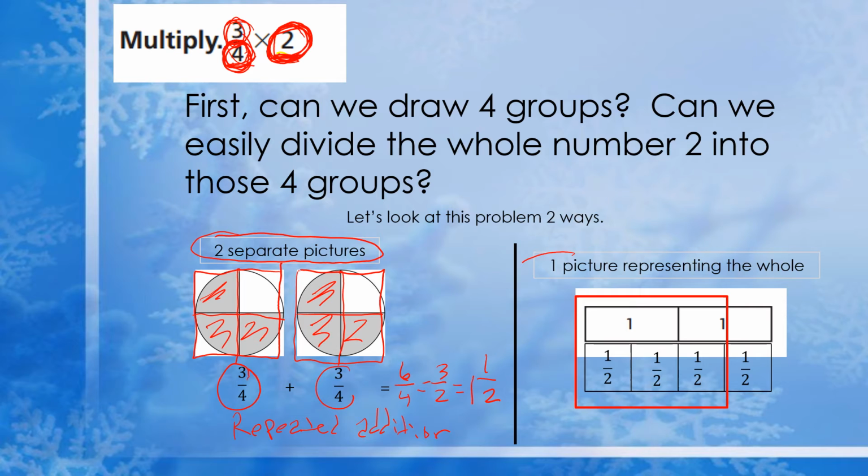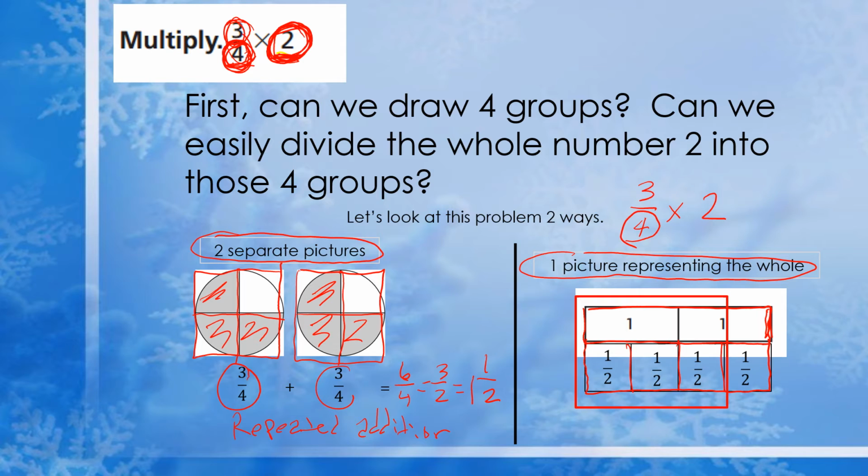So the second one is one picture representing the whole. And I'm going to rewrite the question over here so it's a little cleaner. So notice I drew a strip diagram to represent the whole. And we have 1, 2 wholes. And I'm dividing it into 4 pieces. So at the bottom, I divide it into 4 pieces.